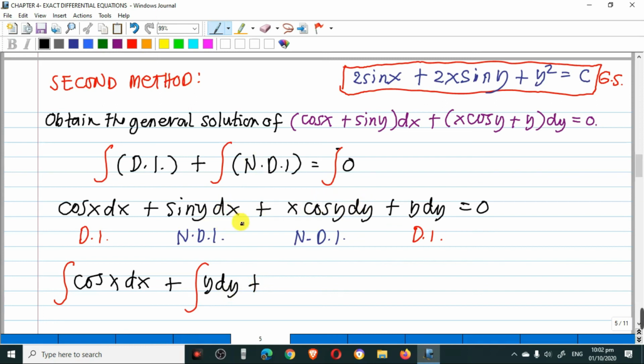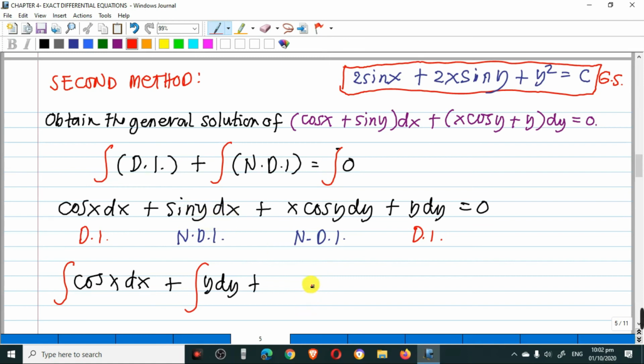So, pipili ka lang sa isa dito. Okay? So, let's say I will use sine of y dx. Para mas madali kayong mag-integrate, just select yung simplest or pinaka-simpleng equation or term para hindi kayo mahirapang mag-integrate. So, I will select the sine y dx.